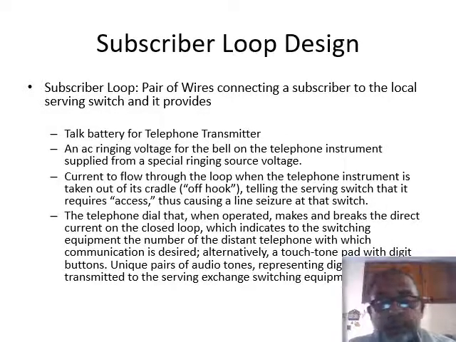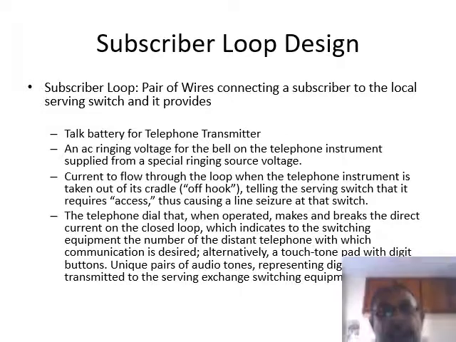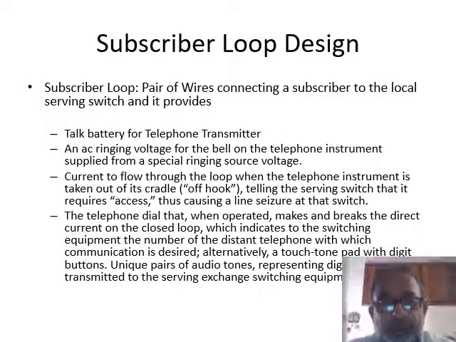So we should know all the things that come in between in a subscriber's loop. One important thing that a subscriber's loop provides is the talk battery for the telephone transmitter.